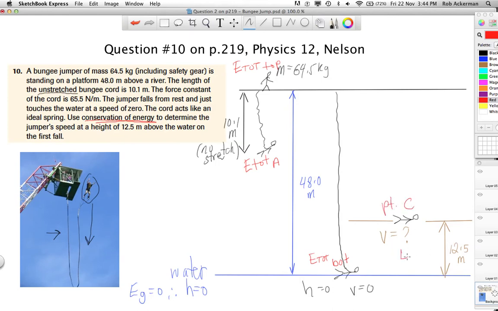And therefore, whatever the E total is at C, this value is equal to that value, is equal to that value, is equal to this value. In a moment, we're going to solve this. I just got to add in a couple more things.